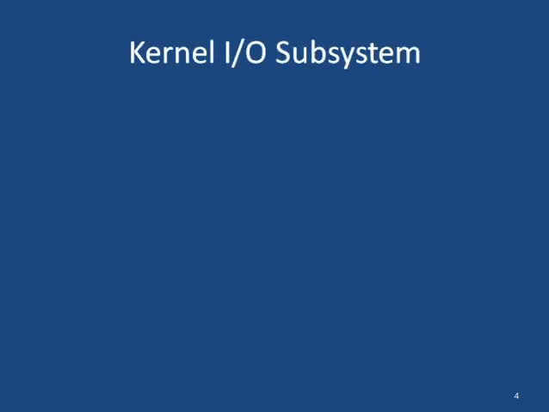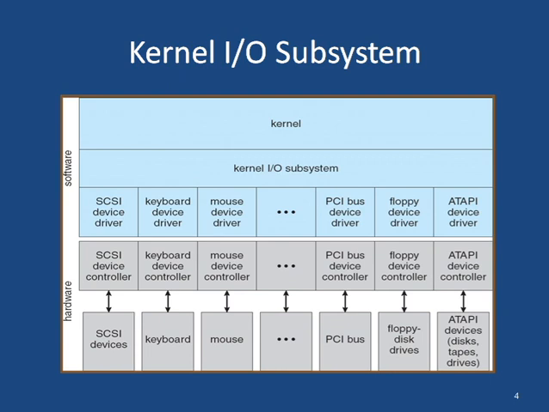Now we can easily understand where this kernel IO subsystem resides. In this diagram, we have the kernel layer on the top. Below the kernel layer, the kernel IO subsystem layer is available. So the kernel communicates to the device driver softwares through this kernel IO subsystem.